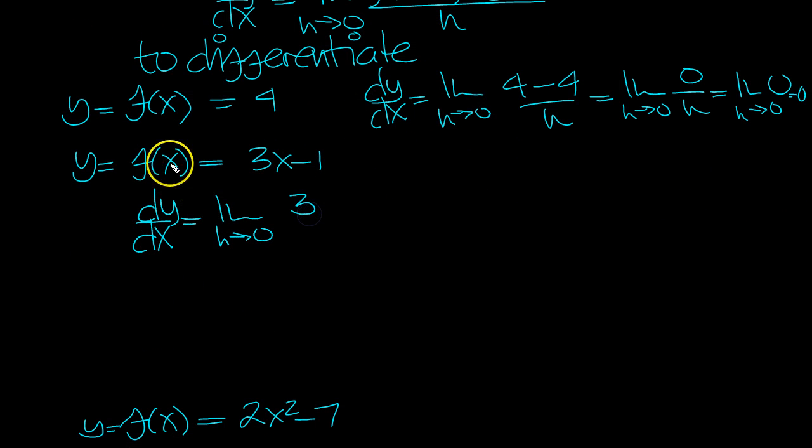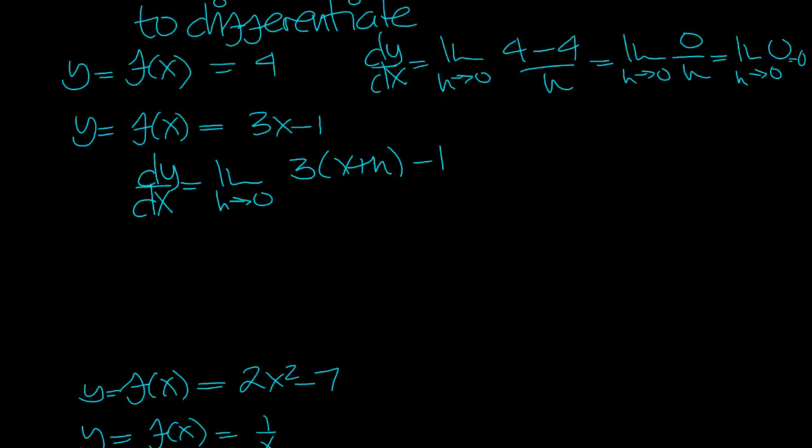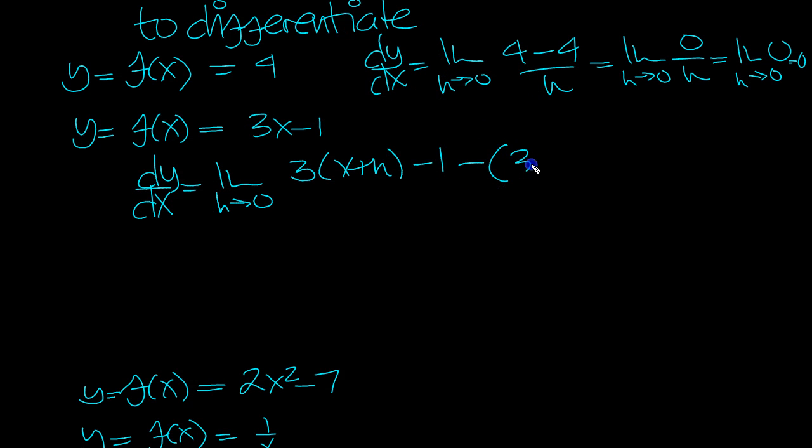So if you put x plus h in here, wherever you see an x, you input the x plus h value. So 3 times the something, minus 1, is f(x plus h), minus f(x), which is 3x minus 1. More than one term, put a bracket, over h.